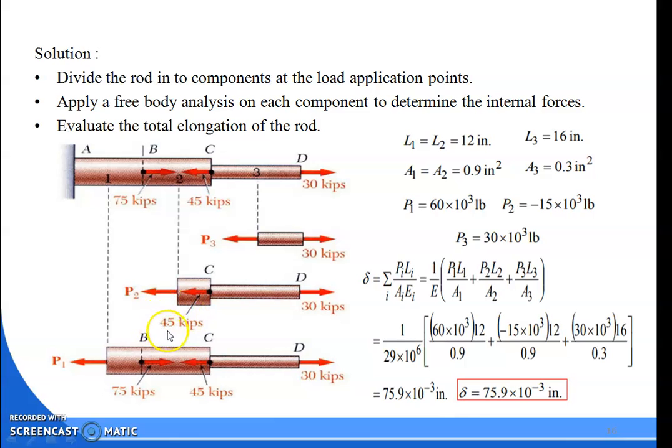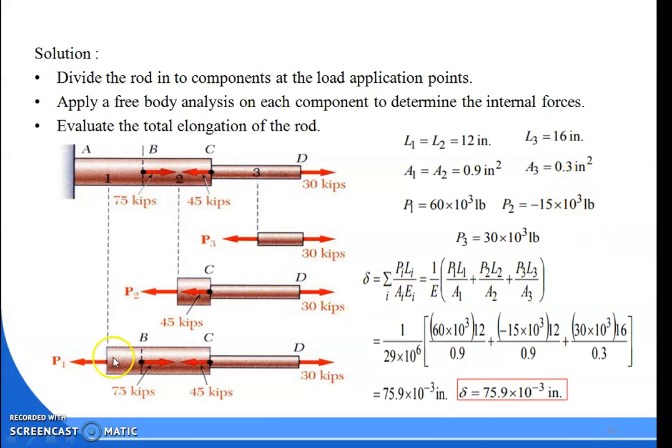You know that for the compressive force we have to put a negative sign. So your tension force is 30 and the compressive force is 45. So the net force is 30 minus 45, which equals minus 15 kips. By converting minus 15 from kips to lb, we have to multiply by 10 to the power 3. So your P2 value equals minus 15 into 10 to the power 3 lb.